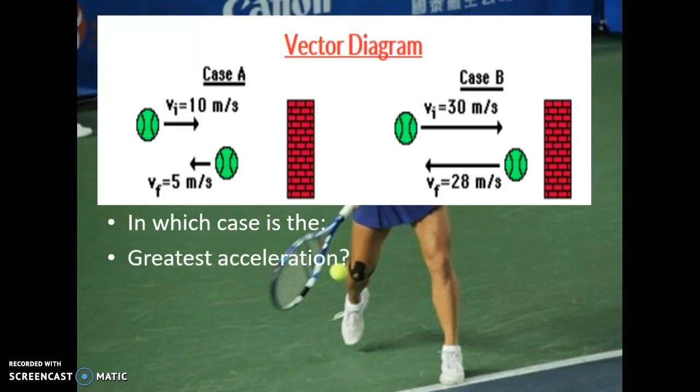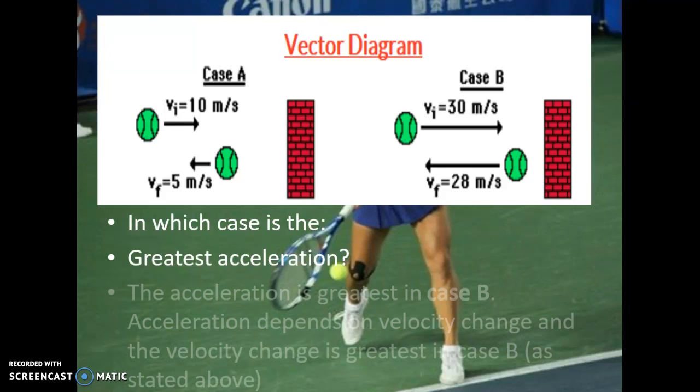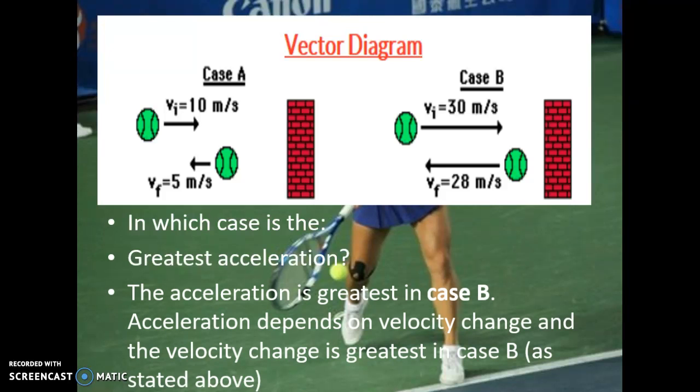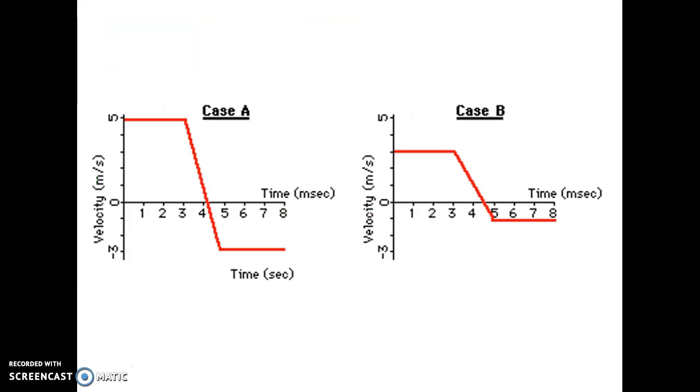In which case is the acceleration the greatest? Again, you may want to pause and have a think about that. It is also in case B, so the acceleration depends on the change in velocity, which is biggest on the right hand side in case B. If you look at a graphical representation of this, it might make a bit more sense.